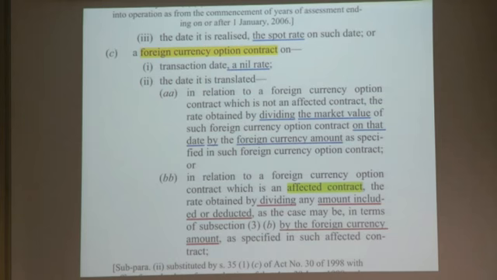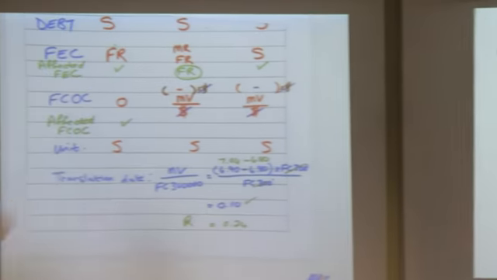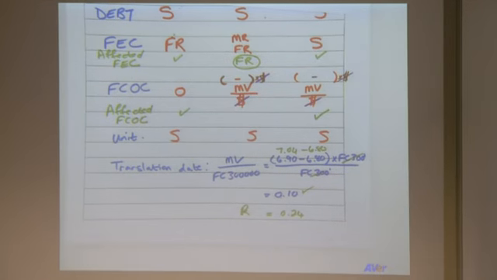So when I go back to my summary here, if it is an affected FCOC, remember, nothing changed with the first and the last calculations. My affected contract is only relevant for year end.